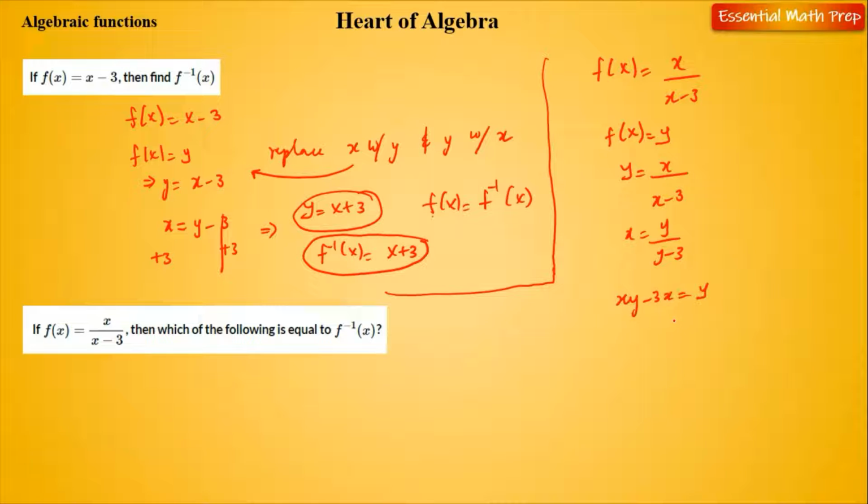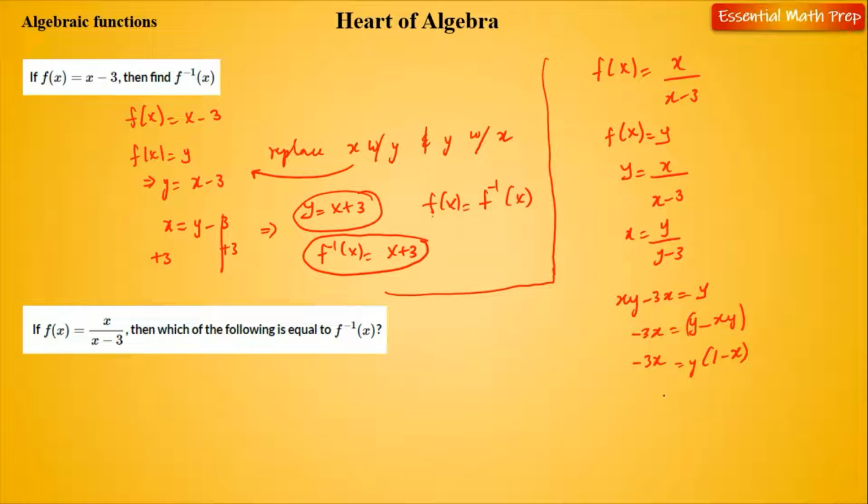So let's take y out: -3x equals y minus xy, right? So y times 1 minus x. So -3x equals y times 1 minus x.